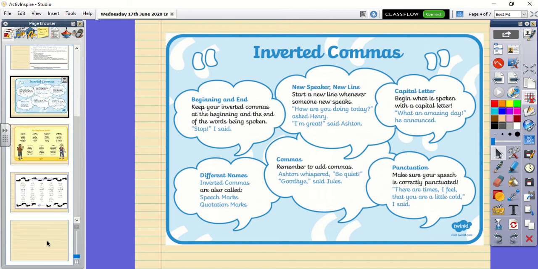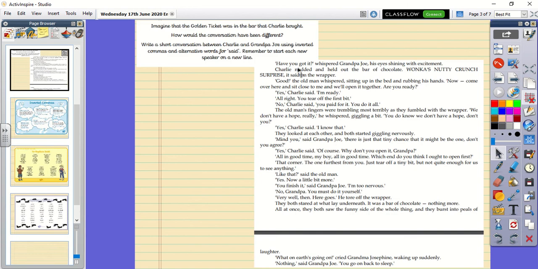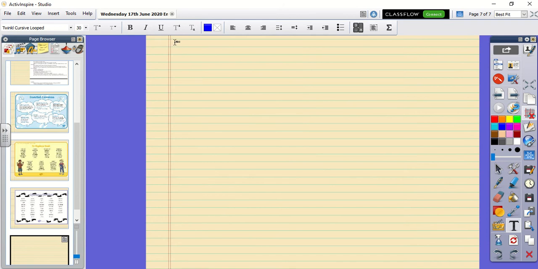Okay then, so we're going to carry on with the conversation. Well, I'm going to use some of what Roald Dahl has used, the beginning part of when they first had the Wonka bar, okay? So remembering that our inverted commas go around what is being spoken and that we need to do a new speaker and a new line. Okay then, so I'm going to start off with a capital letter to start our speech off.